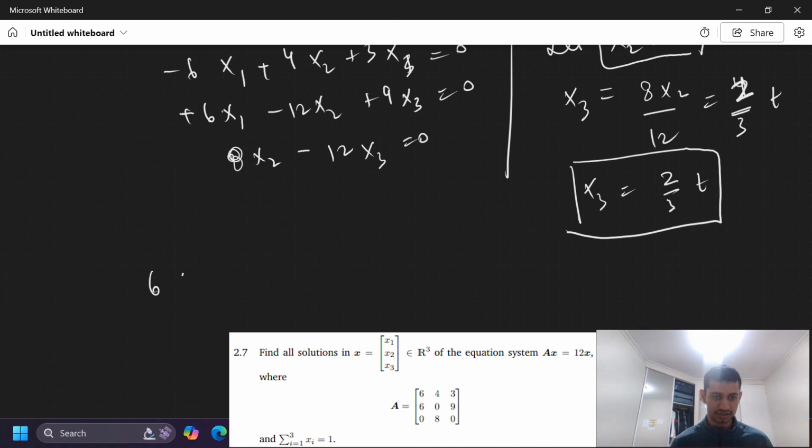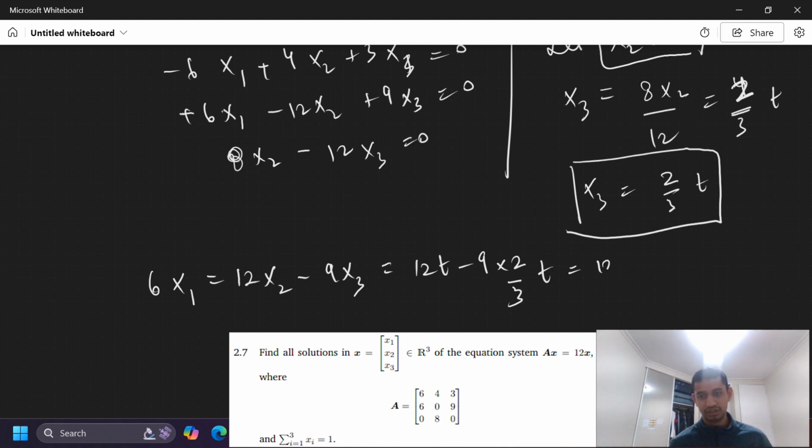So that would be 6 x1 is equal to 12 x2 minus 9 x3. That is 12t minus 9 times 2 over 3 t. That is 12t minus 6t. That is 6t. That is 6 x1 is 6t. That is x1 is t.